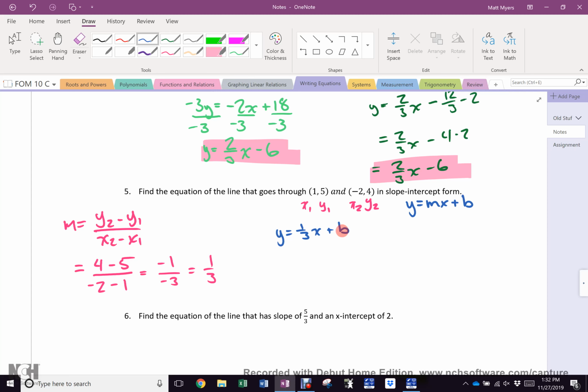You need 1 letter because you have to isolate 1 letter. What is the only thing there I don't actually know? I don't know b. How do I know x and y? They're any point? How many x's and y's do I know there? One of each. How many x's and y's do I know there?